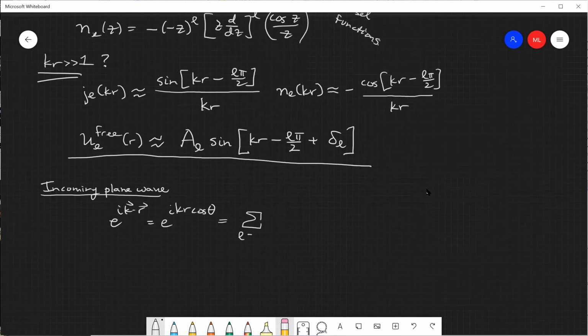And what you find is that the expansion is given by 2l plus 1, then it's i raised to the lth power, the imaginary i, then it's a spherical Bessel, j_l of kr, and then it's the P_l of cosine theta.